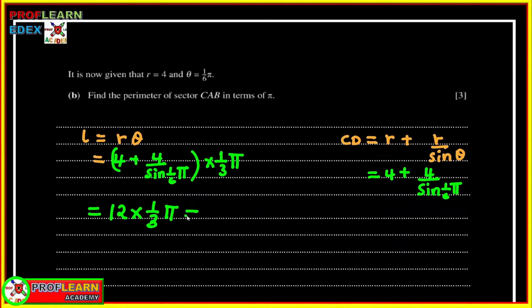If you simplify this, we're going to get our answer as 4 pi as the arc length. But remember, perimeter is distance all round, so we are going to add 12 plus 4 pi, which is going to translate to 24 plus 4 pi.